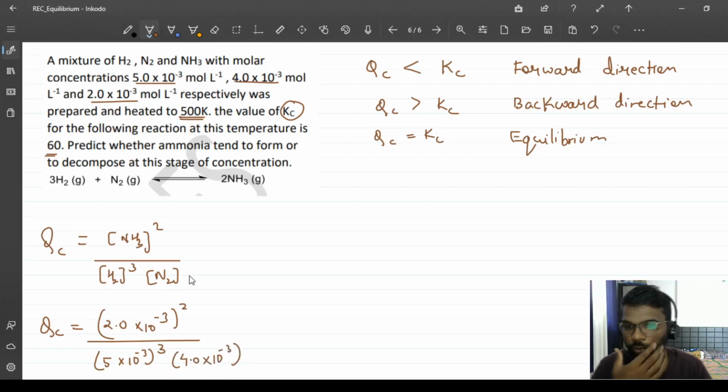There is no power on this, right? So everything is correct. Hydrogen is 5, nitrogen is 4, and ammonia is 2.